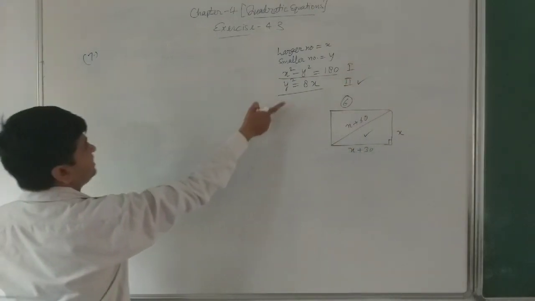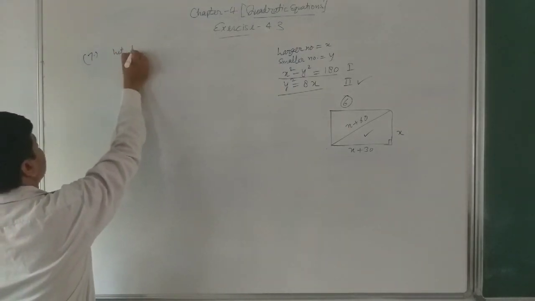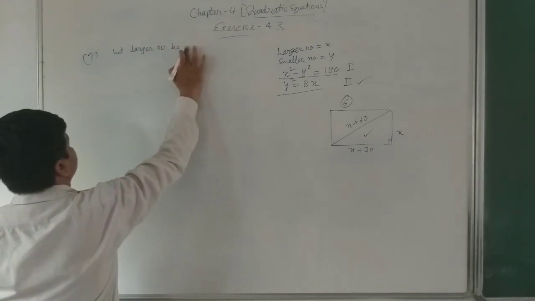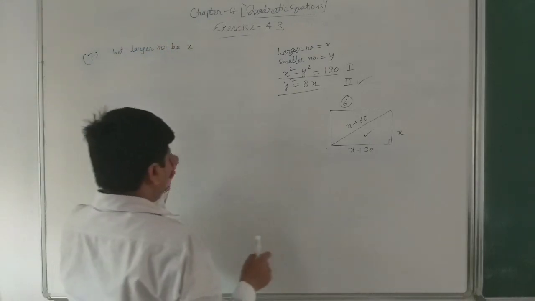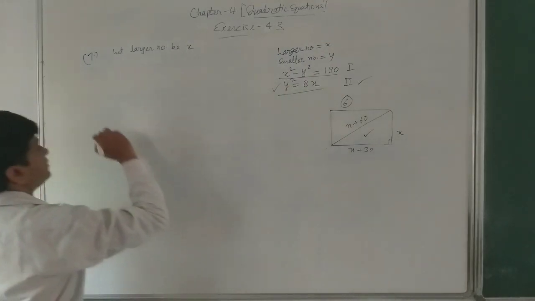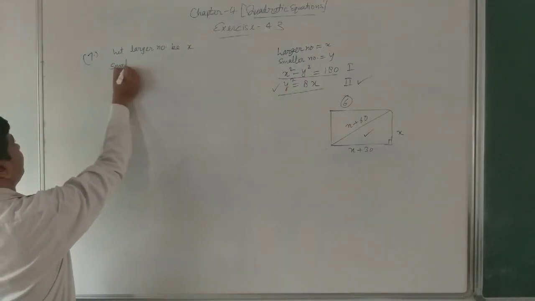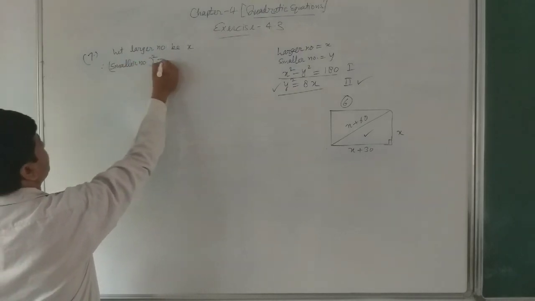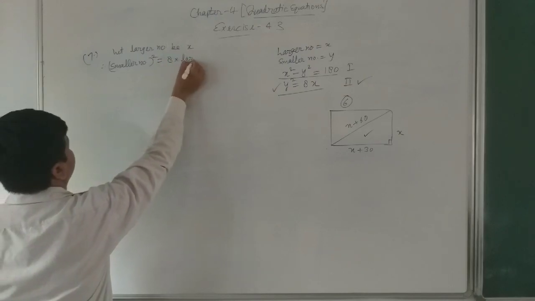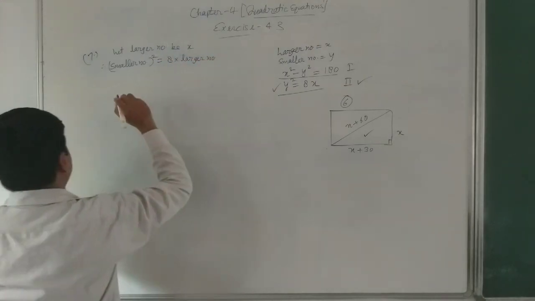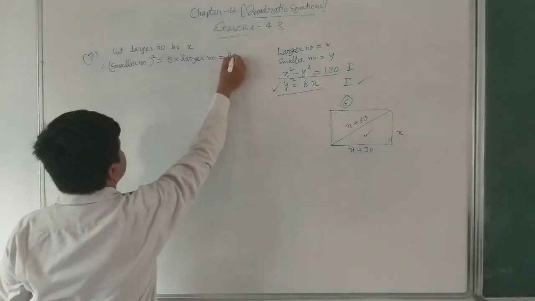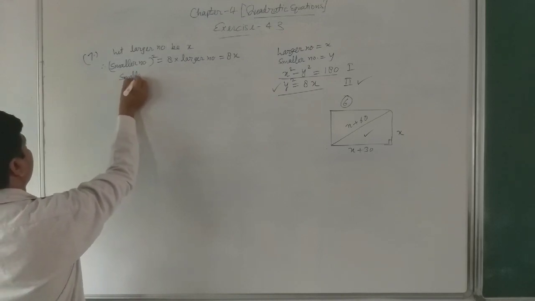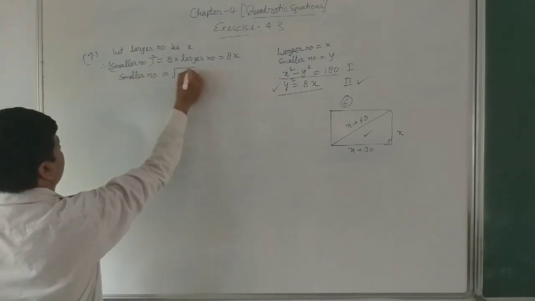Let the larger number be x, then smaller number square equals to 8 times the larger number, that means smaller number square equals to 8x. Now if we separate the smaller number, we get root of 8x.